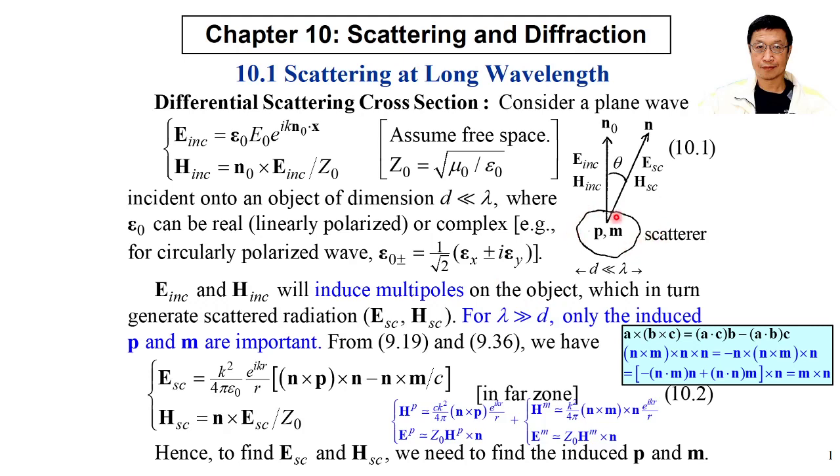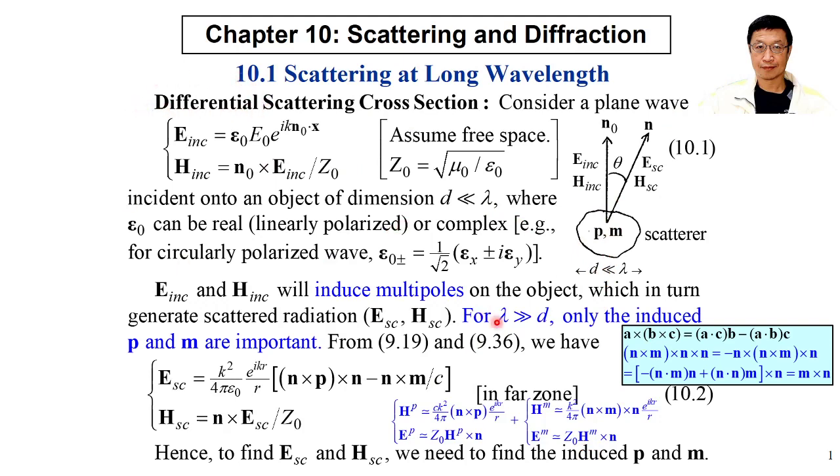This is the object, which in turn generates scattered radiation. The incident wave will generate P and M, and P and M will generate radiation in all the directions, in this direction, in this direction, in this direction, so we say it's differential.